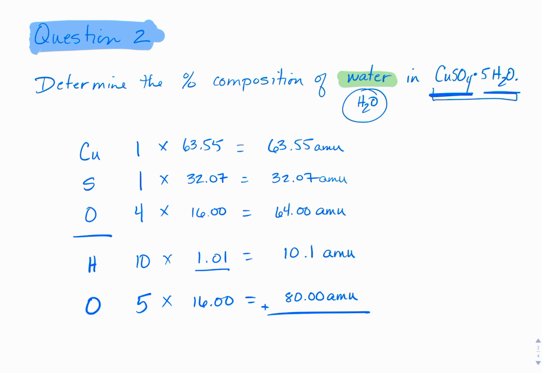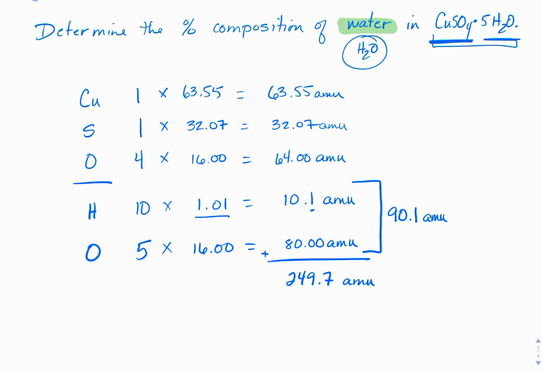Again, you're going to sum all of those together. And given the fact that you're summing, you're going to go to the first decimal place based on the rules for addition of significant figures, you will get a value of 249.7 AMUs. Now, what you want to do is take all of the values for all of the components of the water, which ends up being 90.1 AMUs, and divide that value by the total and multiply it times 100.